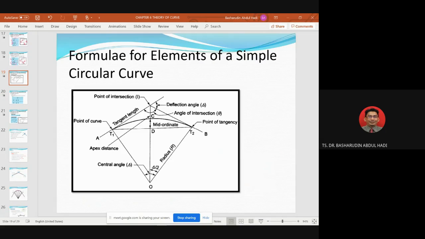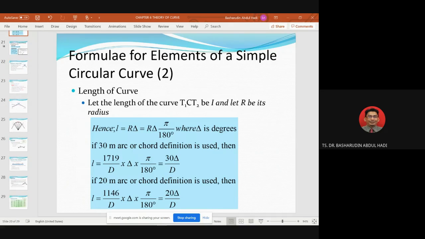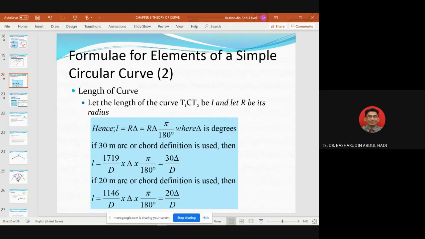I think I already told you about the point of curve and so on, and the apex distance. You can skip this one. We go to slide 20. Formula for elements of a simple circular curve. This is the relationship, the length of curve, and how we calculate it based on the formula.